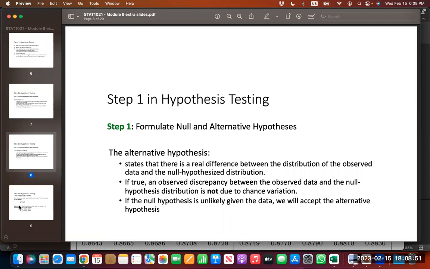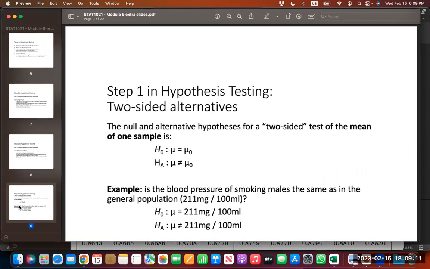The research hypothesis is that the mean blood pressure in my sample is actually significantly different from the population blood pressure. You literally write this out. That's important because it will help you shape your thinking in that direction, so you will have them right.